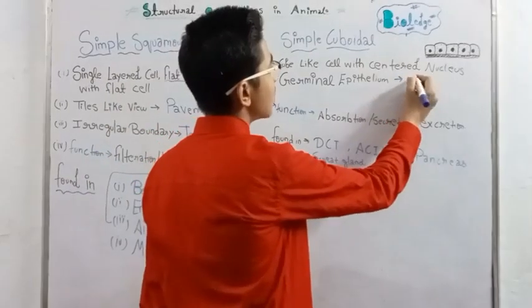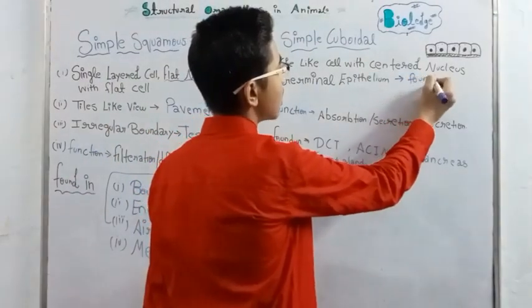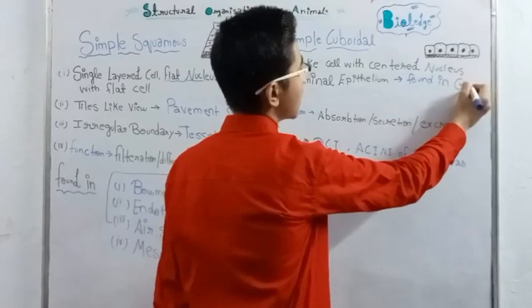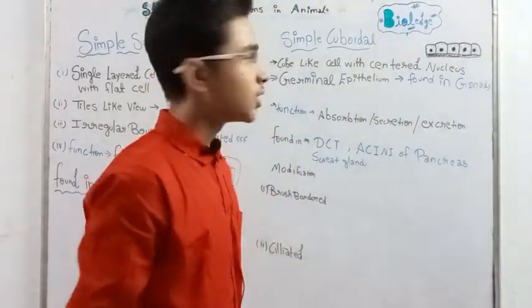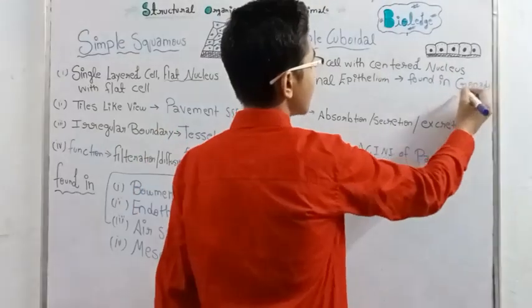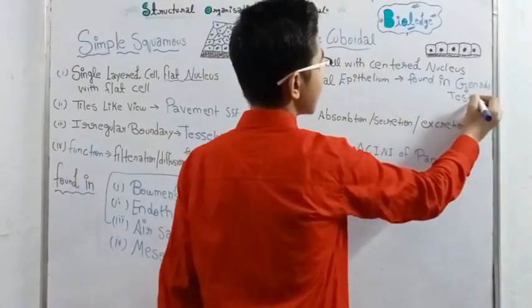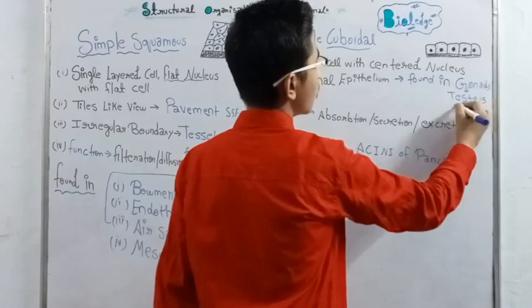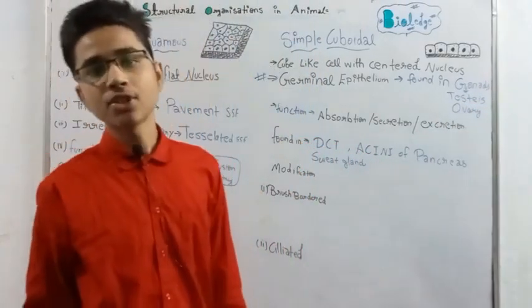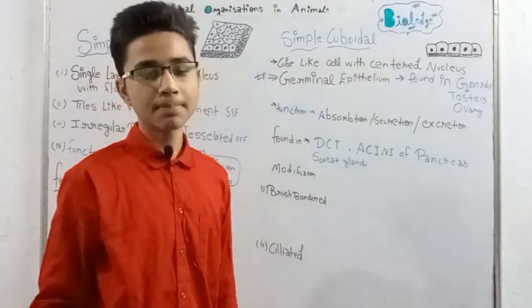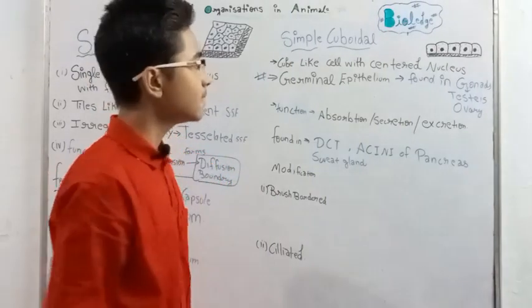Because they are found in gonads. Now what are these gonads? Gonads are basically the testes and ovary. They are both the reproductive parts of humans, female and male.